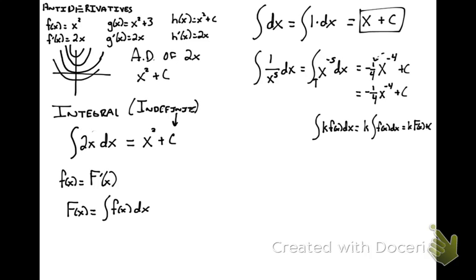Another property that probably may seem obvious, but maybe not, is that if you are integrating f of x plus g of x dx, you can take the integral of each individual piece. This is the integral of f of x dx plus the integral of g of x dx.